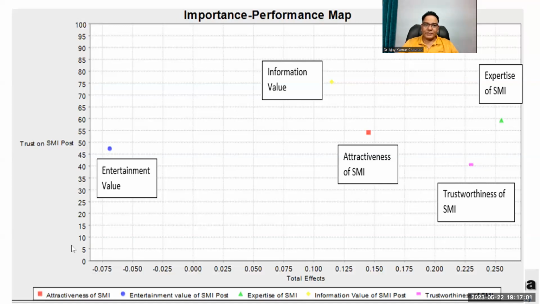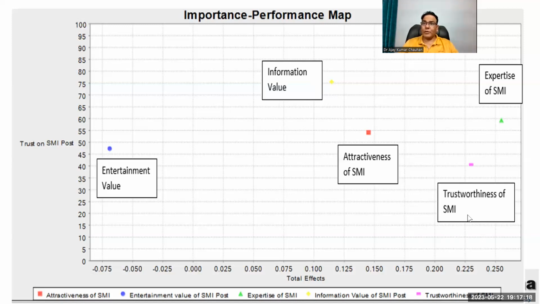So from the y-axis side, we can say most agreement lies in the information value, and least agreement lies in the trustworthiness.